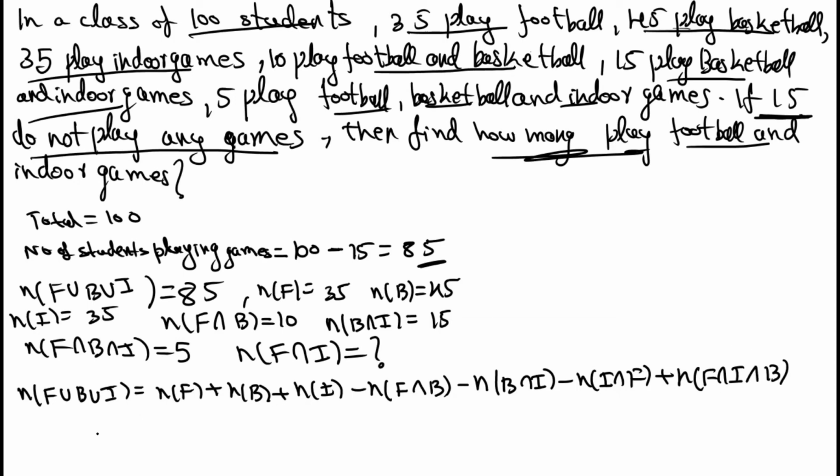It's the formula for n of A union B union C, where instead of A, B, C I'm using the first letters of football, basketball and indoor games.